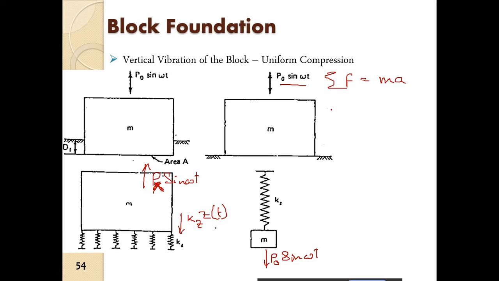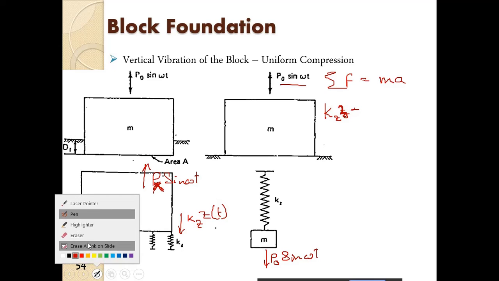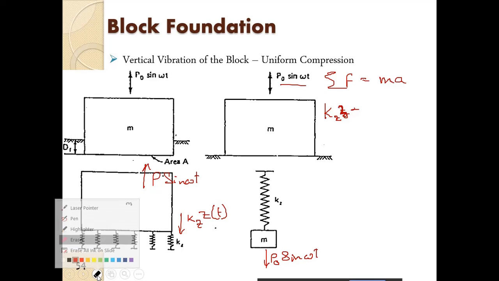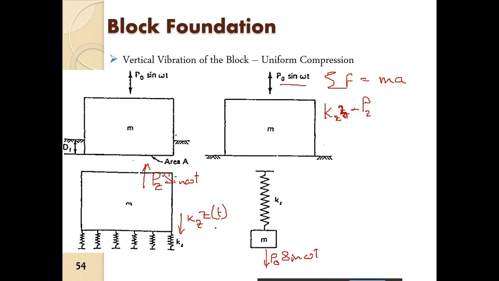So we can say here kz into z, small z, minus pz, sorry, so this is pz sine omega t, equal to mass into acceleration in that direction.